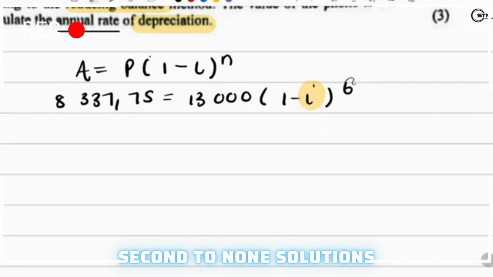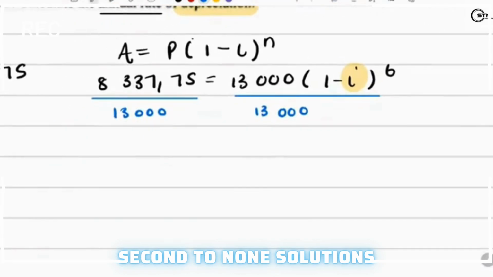I know there is a 6, yes, but that's not really the first problem. The first problem would be this 13,000. Because 13,000 is being multiplied to this bracket, to get it out we would have to divide by 13,000. Because this is an equation, what you do on the one side, you must also do on the other side as well. So this is what we have.